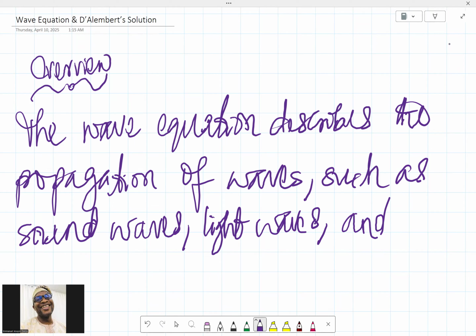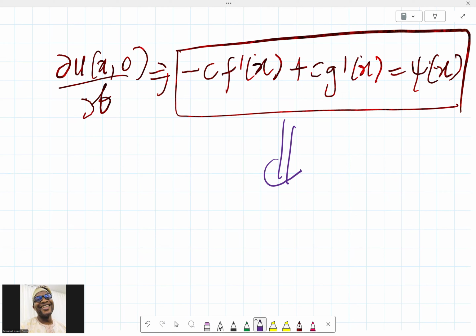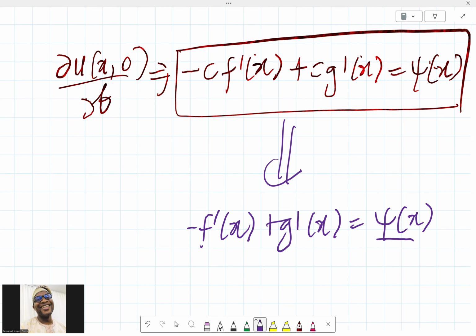So if we tidy things up, say we divide through by c, we have minus f prime of x plus g prime of x equals psi of x all over c.